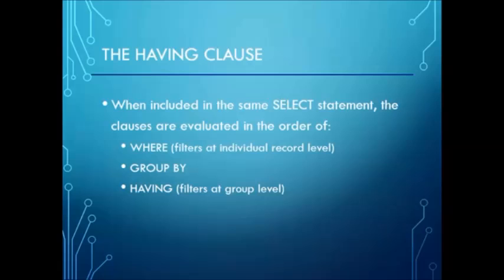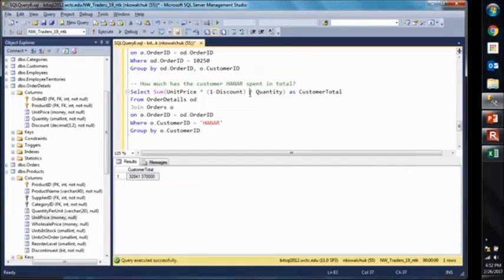Having limits the groups. When we have a bunch of clauses in our select statement, first the where clause is evaluated, so it's going to filter out individual records. Then the group by is going to happen, and then the having clause will happen and filter at the group level.